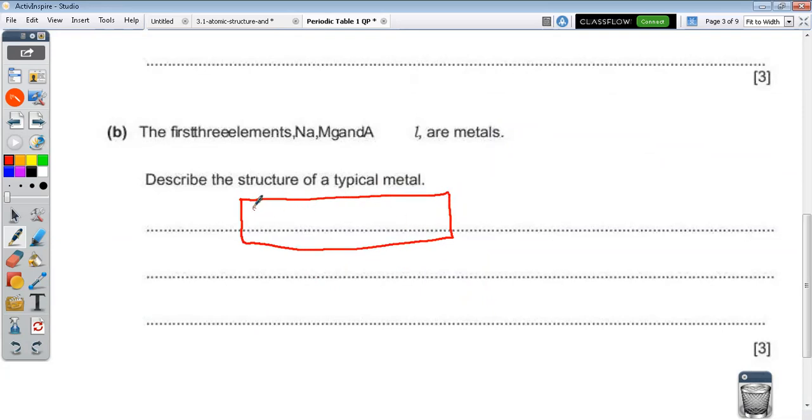A metal has got what is known as a lattice structure, like this, positive, negative, no space between. It's called a lattice structure, and it goes on like that.